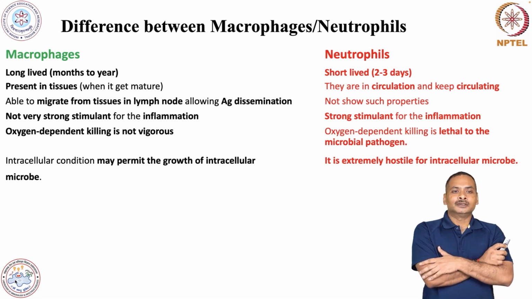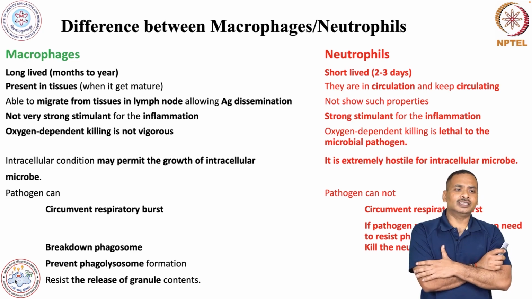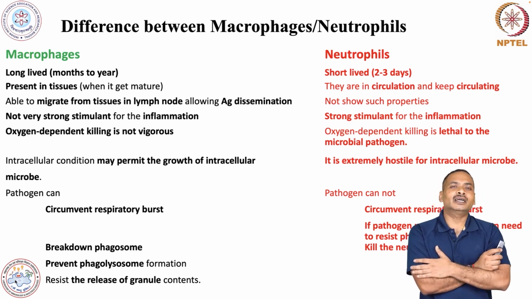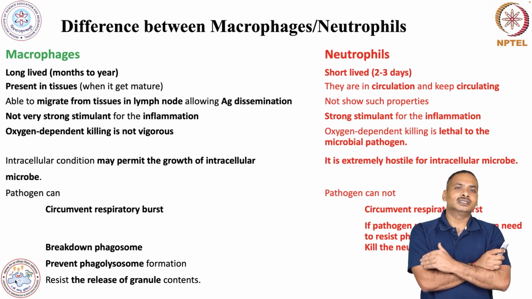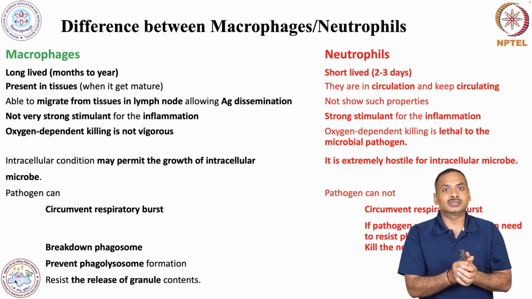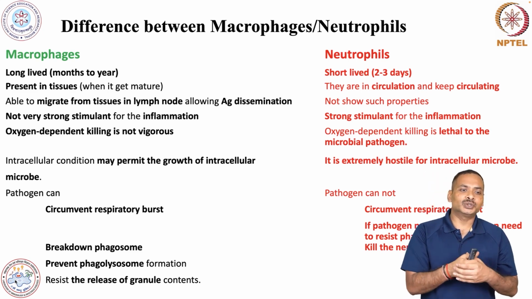And last but not least, the microbial pathogen can circumvent the respiratory burst. The respiratory burst takes up a lot of oxygen and produces reactive oxygen and reactive nitrogen species.